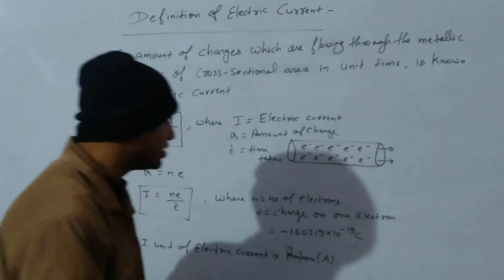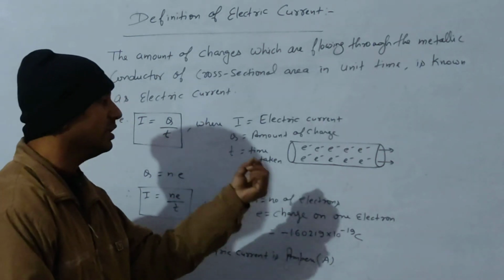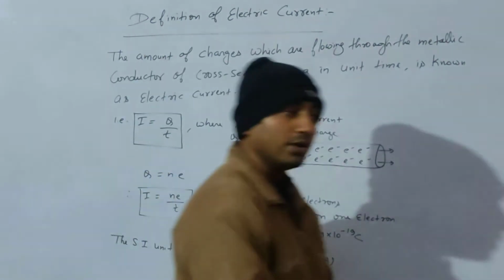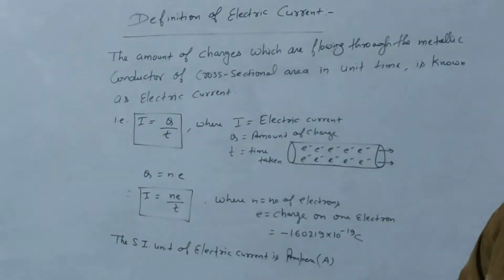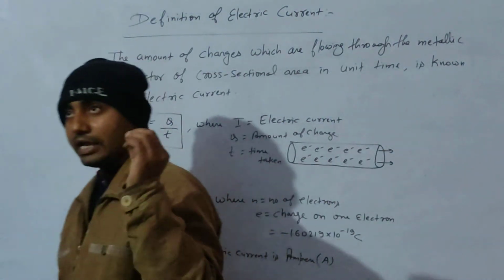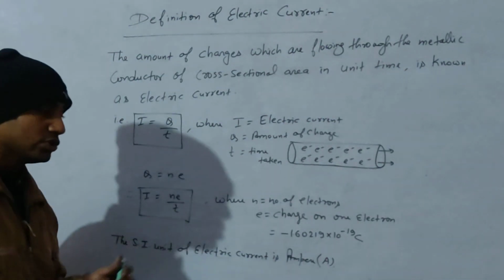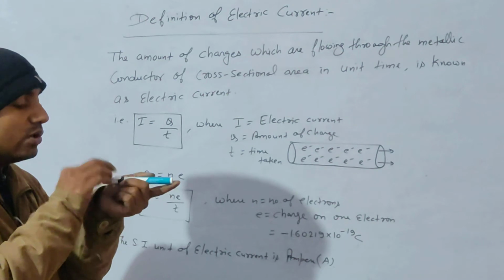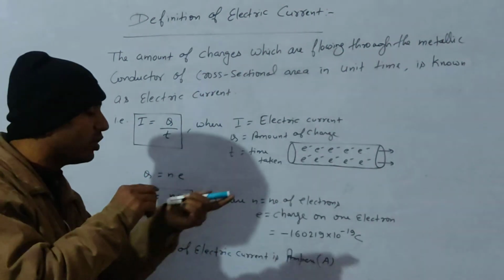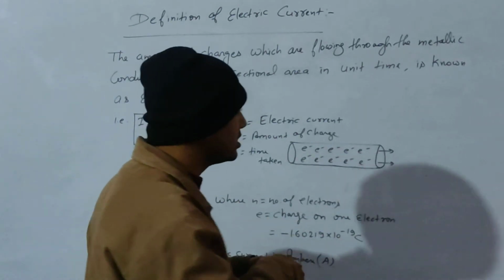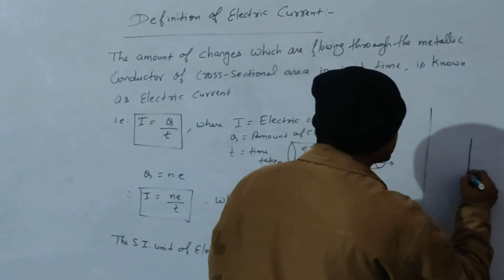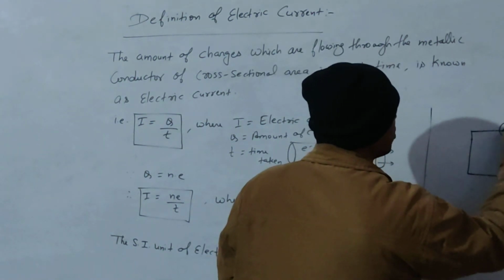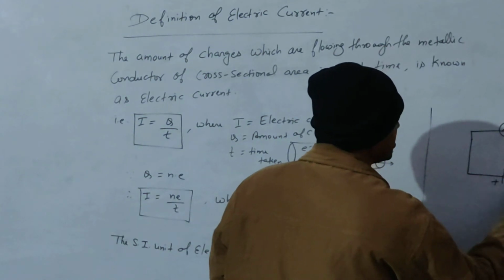Now we have to discuss the direction of the electric current related to the flow of electrons, because according to Newton's third law, every action has an equal and opposite reaction. We have to keep that concept in mind. Suppose this is our electric circuit, there is a battery and a bulb, and this is positive and this is negative.